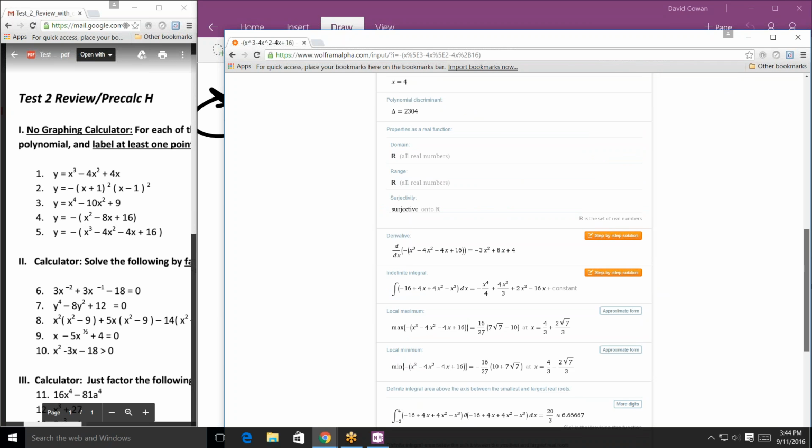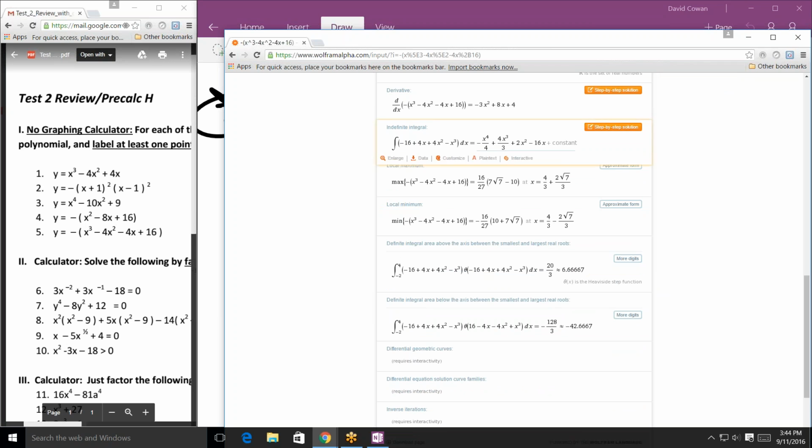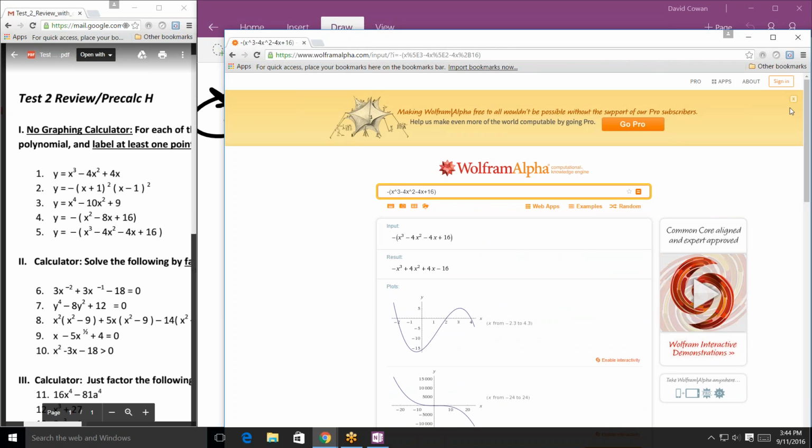They also give you all kinds of other stuff that you're not into yet, like derivatives, integrals, maximums, minimums. So Wolfram Alpha is a really cool math tool. And if you could actually take tests and they would allow you to use it, you should, as opposed to your TI-84.